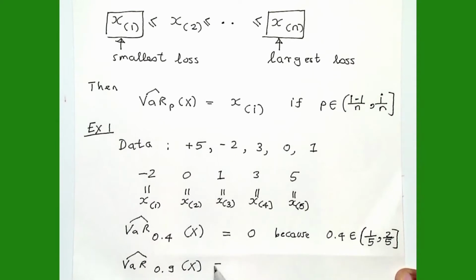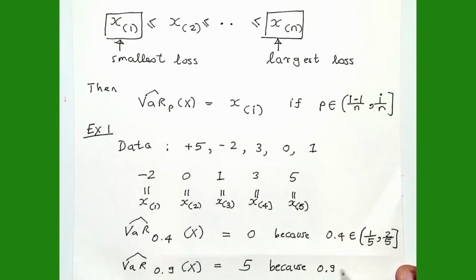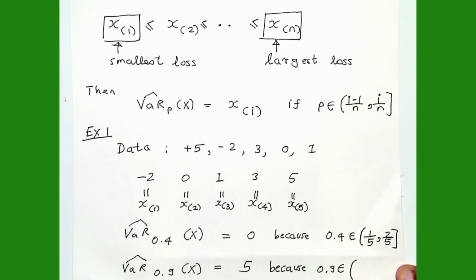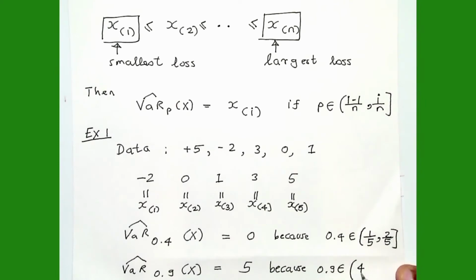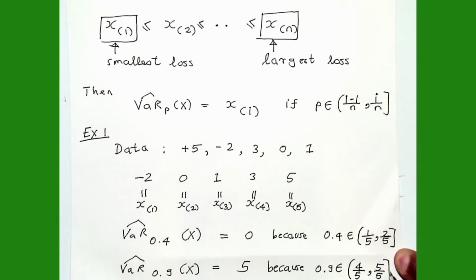This will be equal to 5, because 0.9 belongs to the interval 4 divided by 5, which is 0.8, to 5 divided by 5, which is 1.